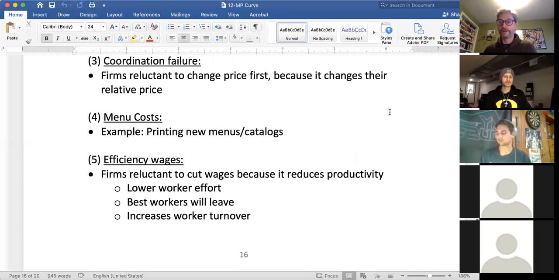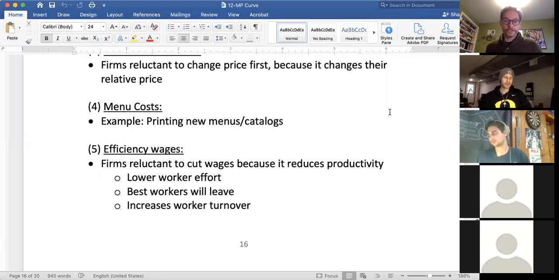But the problem with a printed catalog from a firm's perspective is it really fixes the price. The price cannot change once that catalog is printed. And if you want to change prices, you have to print a new catalog. That's a really big disincentive to change prices. And so many firms who advertise prices are very, very reluctant to change prices. And if they do, they only will do it once a year or at seasonal times of the year.